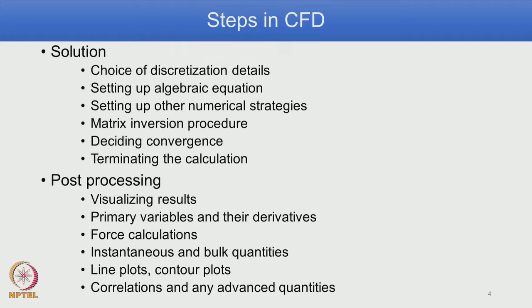You can also go to the advanced stage, like find out the correlation or where is the minimum, where is the maximum, etc. So, these are all stages in post processing. We understand there are 3 main stages: pre-processing, solution and post processing. In this course we are going to particularly look at sub topics in each of these 3 main stages.